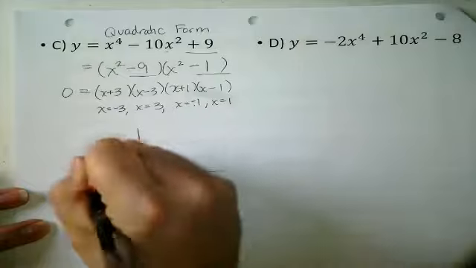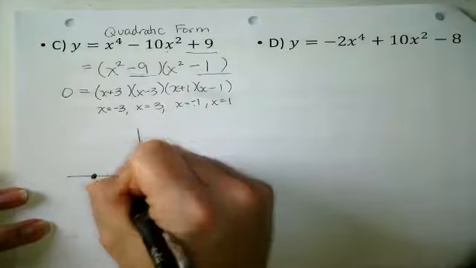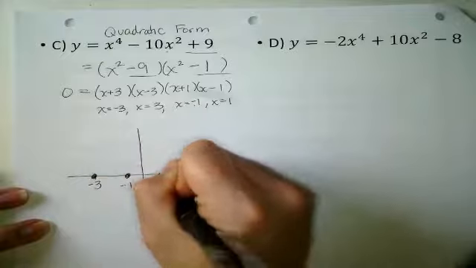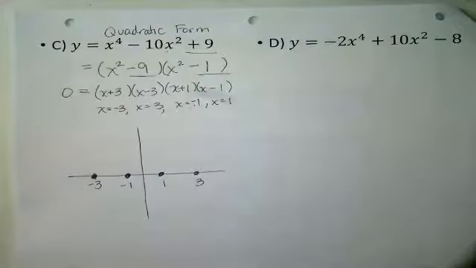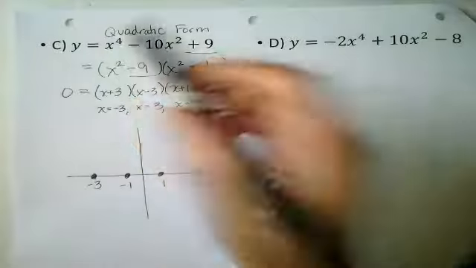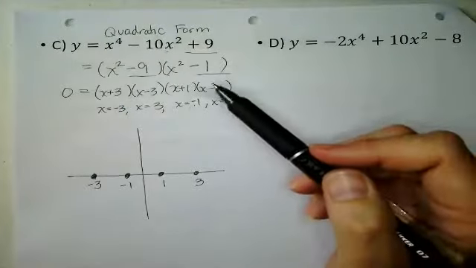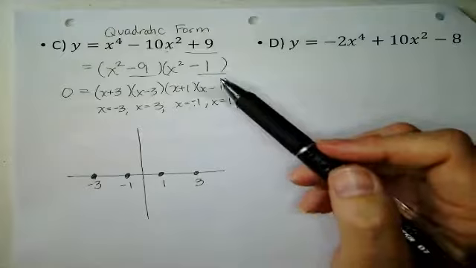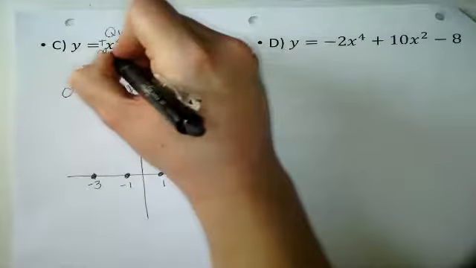So we have -3, -1, +1, and +3. Very interesting now. This is a 4th degree function. A 4th degree function behaves very similar to a parabola in that the leading coefficient is positive. It's going to open up.